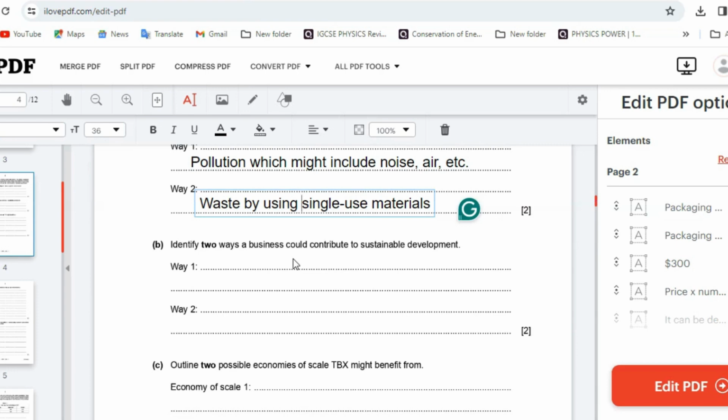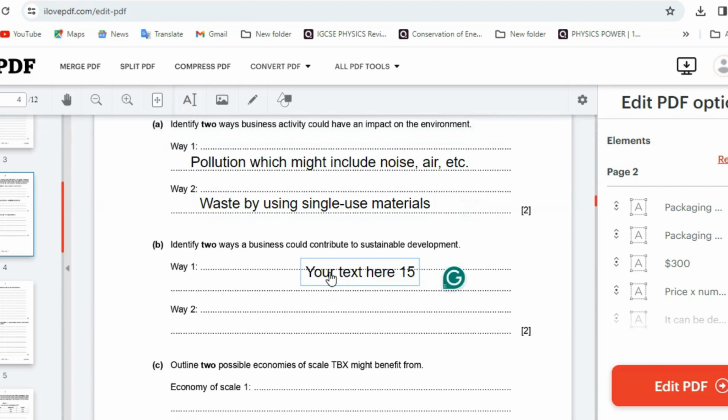As we have seen the impact of business activity on the environment, we were told to identify the ways a business could also contribute to sustainable development. The first one is that they can reduce the number of products made by them.